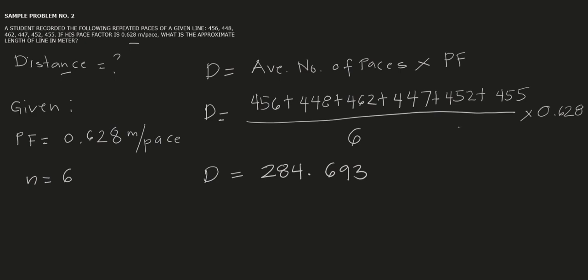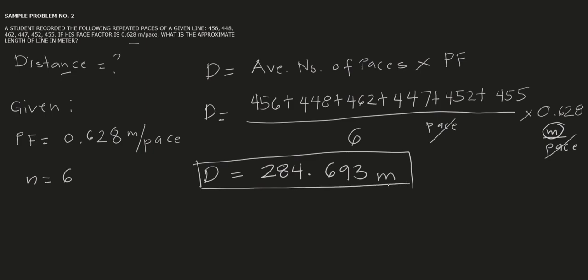Ano yung unit natin? Diba ito phase, itong average. Tapos ito meter per phase. So, ito makakansel. So, ang matitira is meter. So, ang magiging sagot, yung approximate length of line in meter, is 284.693 meters. So, yan yung sagot natin sa pinapahanap dito sa sample problem number 2. So, ayun lang.